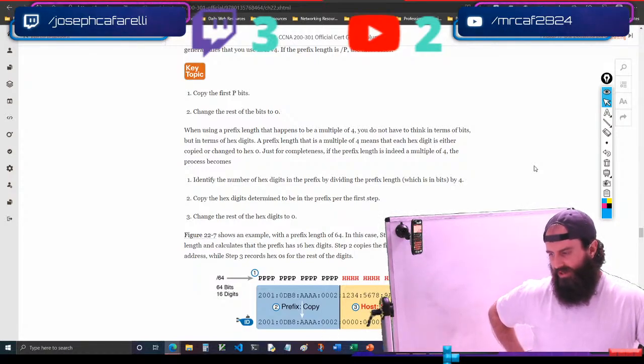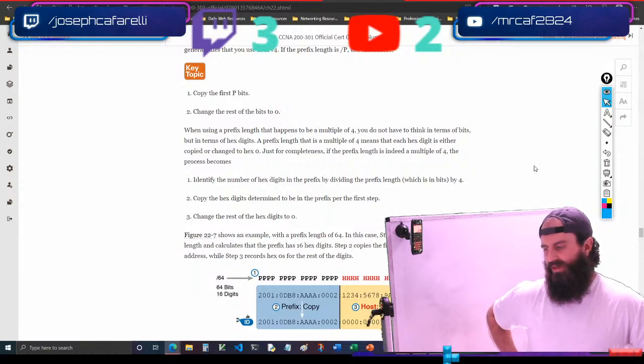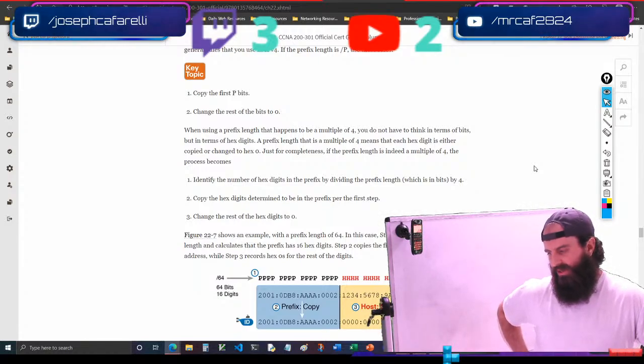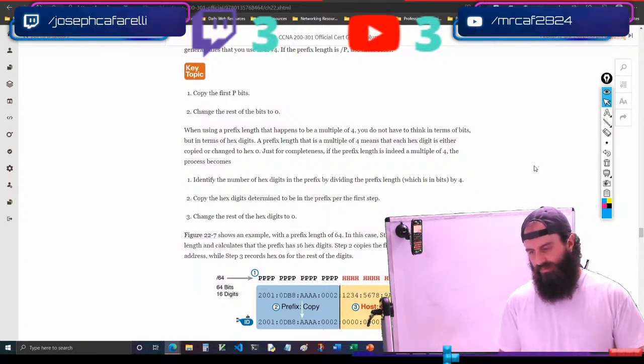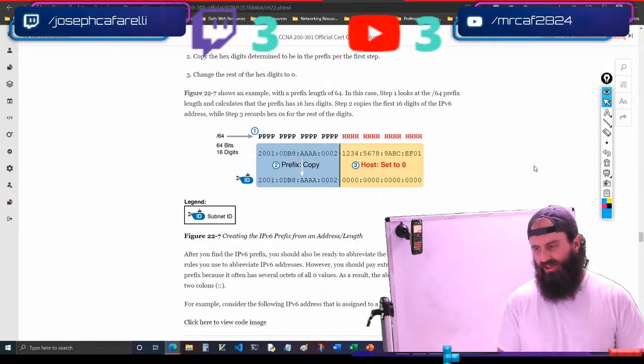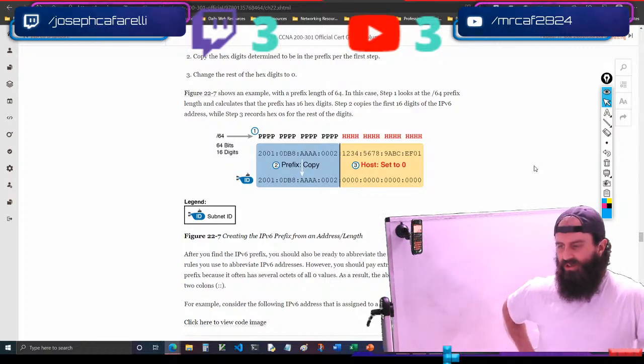Just for completeness, if the prefix length is indeed a multiple of 4, the process becomes: identify the number of hex digits in the prefix by dividing the prefix length, which is in bits, by 4. Copy the hex digits determined to be in the prefix per the first step. Change the rest of the hex digits to 0.